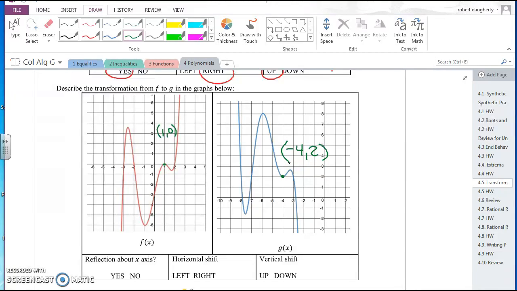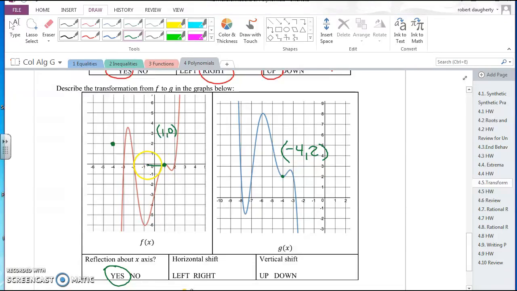Now, first of all, you can tell that this is flipped. If you look at the red graph, it goes up and down, and then the blue graph starts down and then up. So I know it's reflected about the x-axis. But what I can tell is that this particular point, 1, 0, somehow ended up at negative 4, 2. It ended up right there on the graph. So what gets me there?